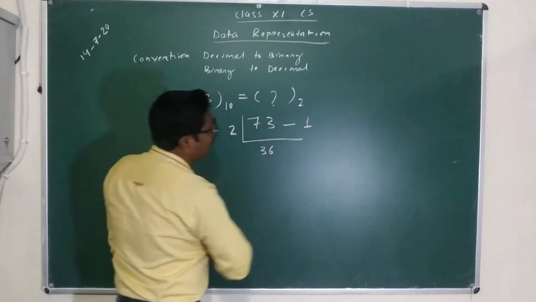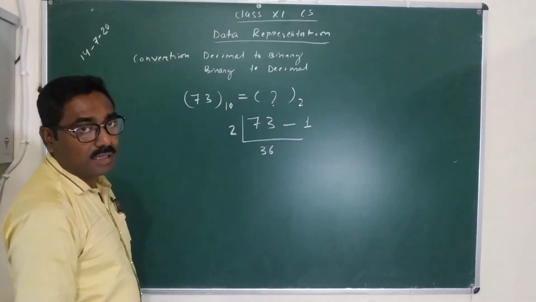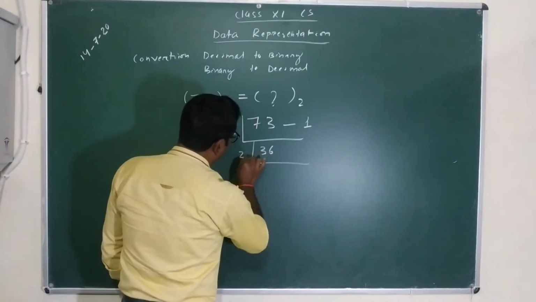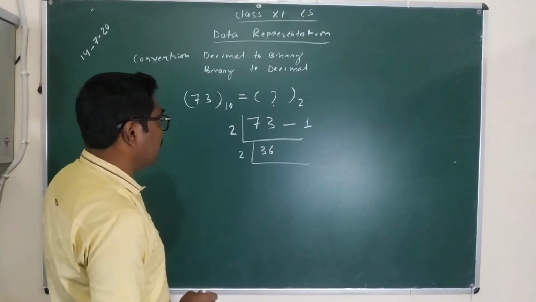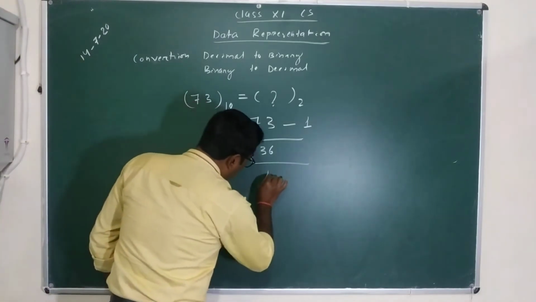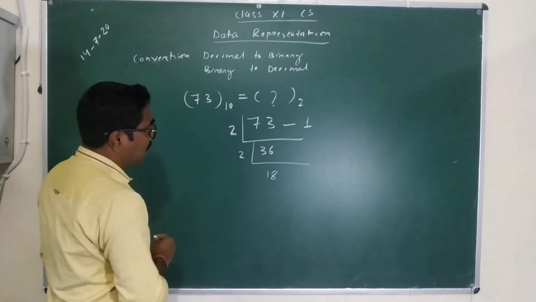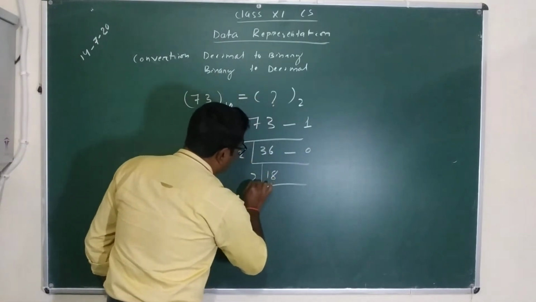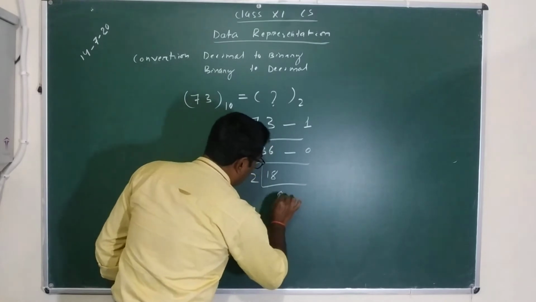Each time you have to write down the remainder over here. The next, again divided by 2. Now 36 divided by 2 is 18, the remainder is 0. Again divided by 2, that is 9, the remainder is 0.